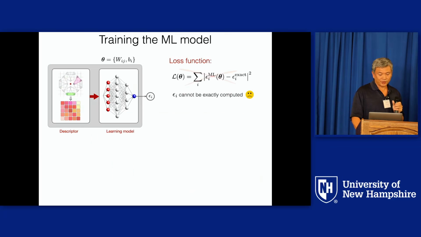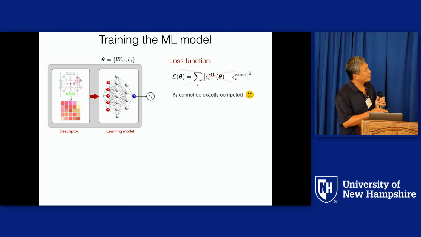To train the neural network in this approach, naively, because the prediction is the local energy, we would think, okay, we use the MSE of this local energy as the loss function. The problem is that even with exact calculation, one cannot compute this local energy.